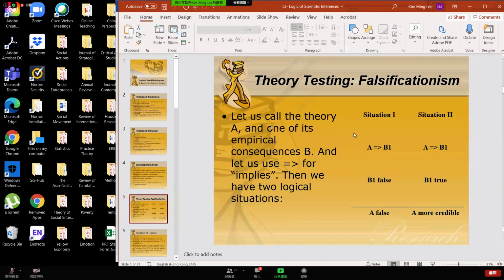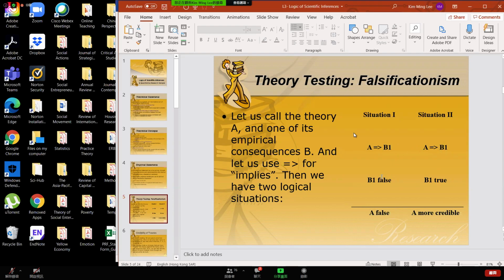So for example, let us call a theory A and one of its empirical consequences B. That means B is an empirical statement. Remember, we can have a lot of empirical statements. So I denote it by B1. B1 is a particular empirical statement. Okay. Under situation 1, the theory can derive B1. Situation 2 also derives B1.